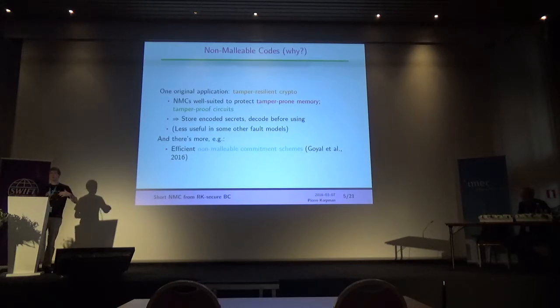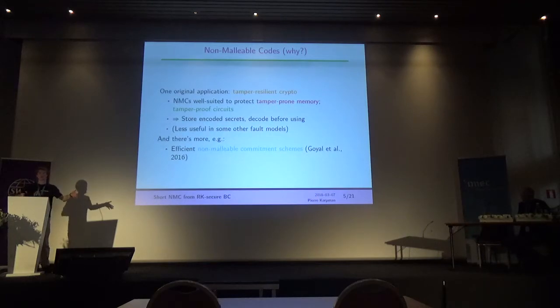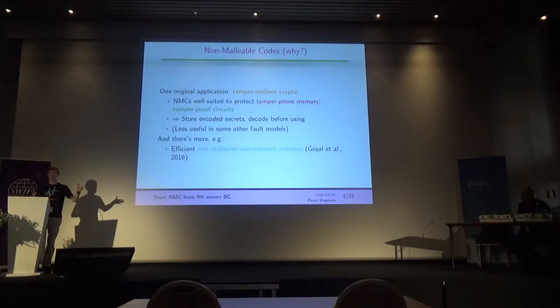And so then what happens is that if there was some adversary that injected a fault on the encoded secret, when you decode, you get something that is completely unrelated to what you had in the first place. So then you can run whatever algorithm you want, and whatever happens will be independent from the original secret. Maybe it's going to be completely useless as a computation, but at least it will not reveal information on the original secret.